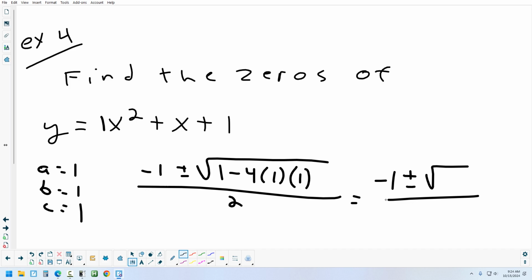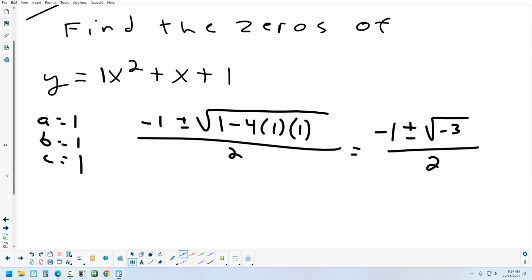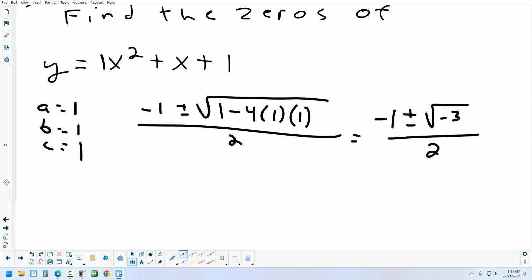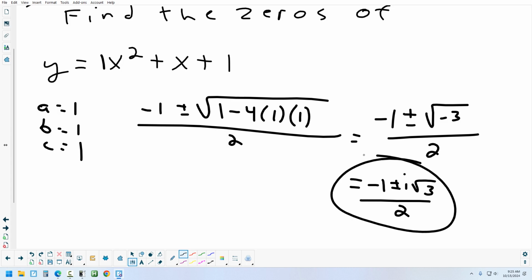Negative 3, over 2. And the only thing I can do is simplify that square root of negative 3, and that will be my final answer. What's the square root of negative 3? I times square root 3. Perfect. And that's it.